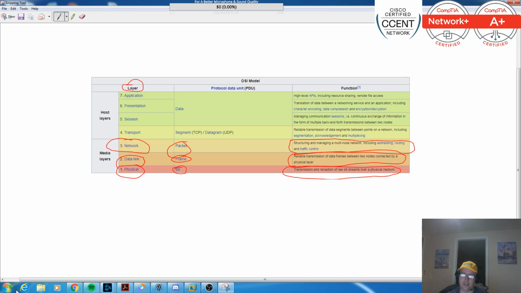That is what you need to really understand about the OSI model. The higher up you go, the layers below are still there. That's why it's very important to understand the OSI model, to a certain extent, so you can identify these layers and know how far up it goes.